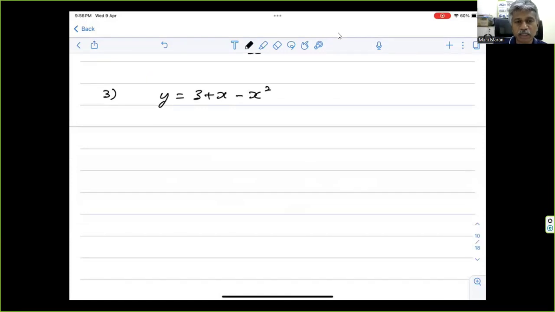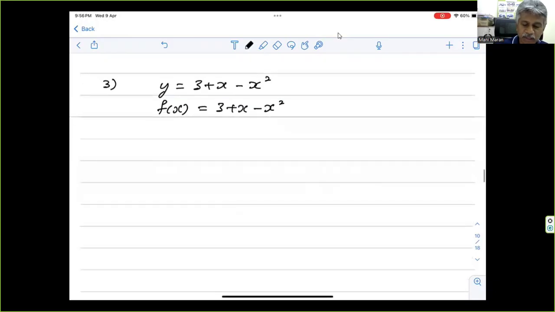Earlier I was talking about the gradient function. So here you will learn how to find the gradient function. When you see this kind of question, always rewrite it like this. It will be easier. 3 plus x minus x squared. So we know that the gradient function is given by the derivative, dy by dx, the first derivative.